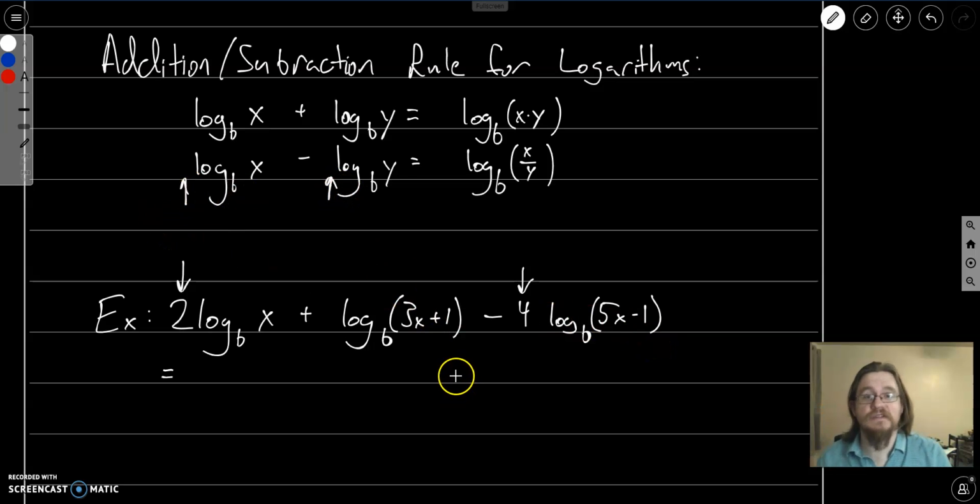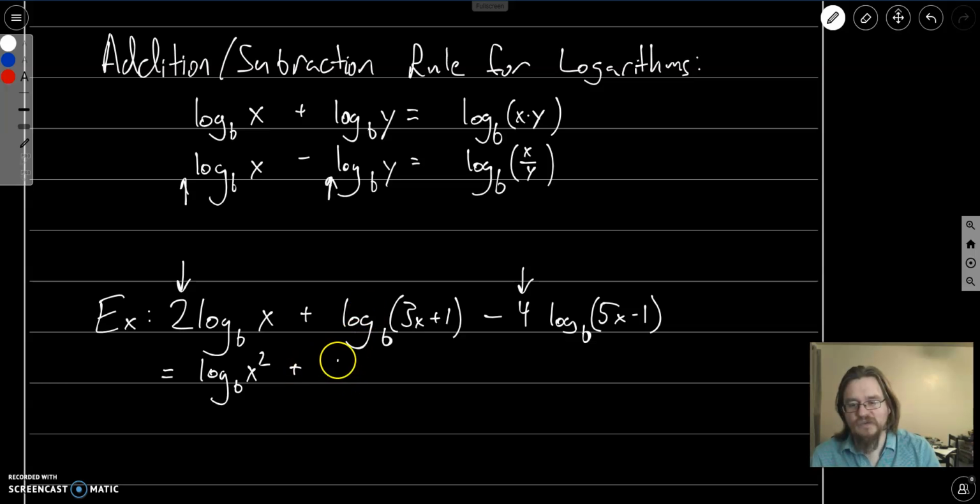So what we need to do first is get rid of all the coefficients. And luckily, we have the power rule, which said that when we have an exponent, it comes down front to just multiply the logarithm. Well, we can do this in reverse. So 2 log base b of x is the same thing as log base b of x squared. This one doesn't have a coefficient, so we'll just leave that there.